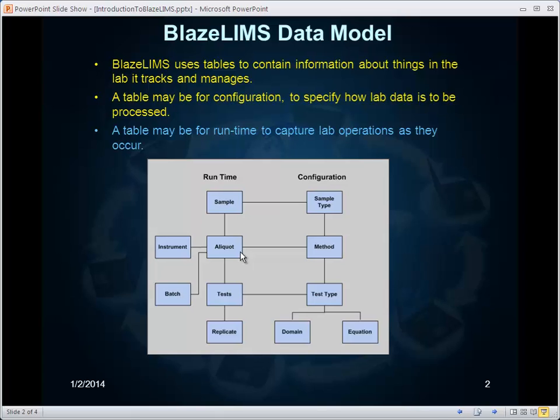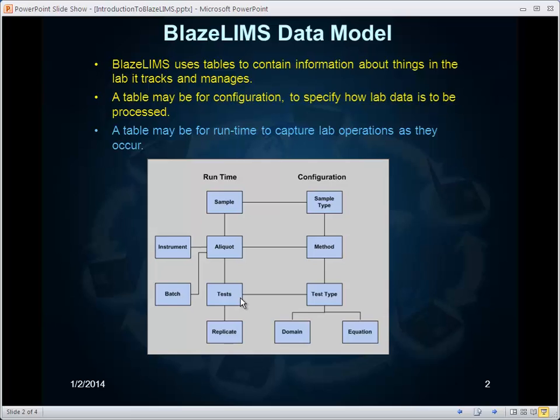optionally using an instrument and taking advantage of batching for improved throughput. Information about how to process the aliquot, such as size, dilutions, QC requirements, and so on, is defined in a corresponding row in a method configuration table. There is a table containing a row for each test result value that is produced by the method.